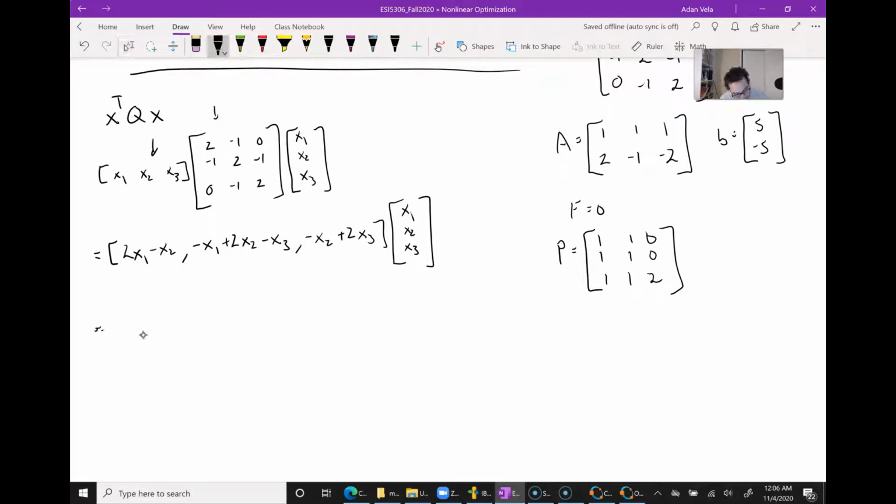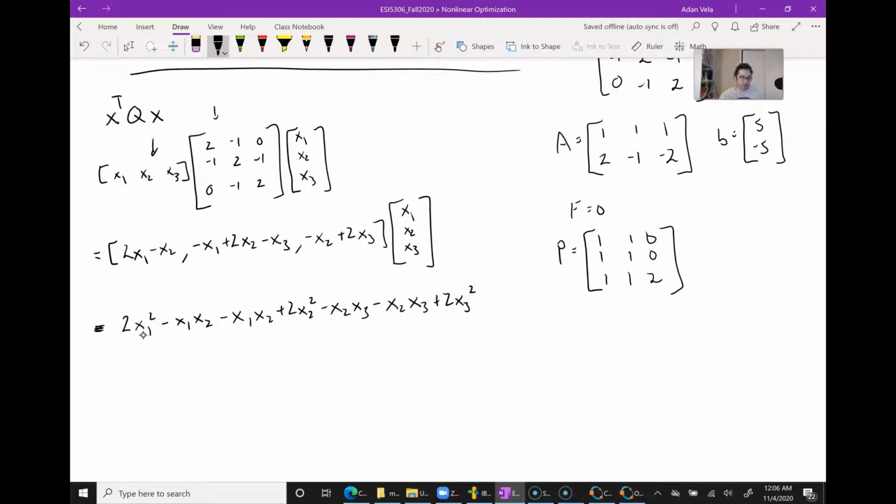At this stage, this multiplication is going to result in a scalar. So we get 2x1 squared minus x1 x2, minus x1 x2 plus 2x2 squared minus x2 x3, minus x2 x3 and plus 2x3 squared.